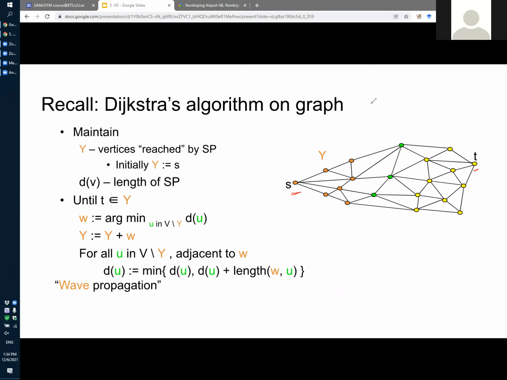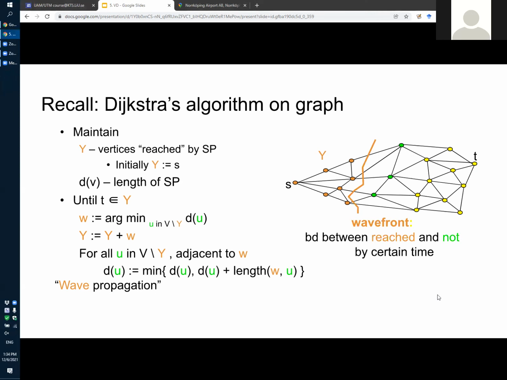And Dijkstra's algorithm maintains this set of reached or visited vertices, and at every iteration it expands this set by propagating the wave. So at any time there is what you can call a wavefront, the boundary between those vertices that have already been reached or visited by the algorithm, for which the shortest path is known, and all the other vertices.